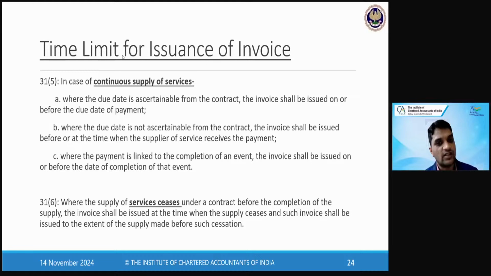Where the due date is not ascertainable, the invoice should be issued before or at the time when the supplier of service receives the payment. And in the third scenario, where the payment is linked to the completion of an event, the invoice shall be issued on or before the date of completion of that event. So payment, and event. Simple.